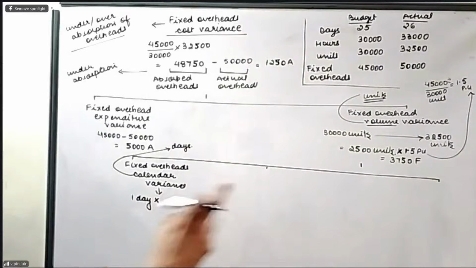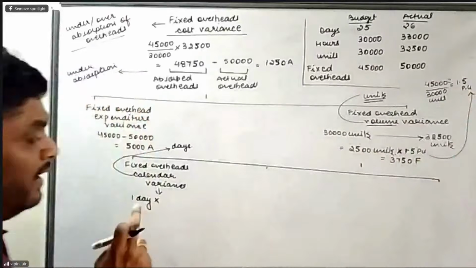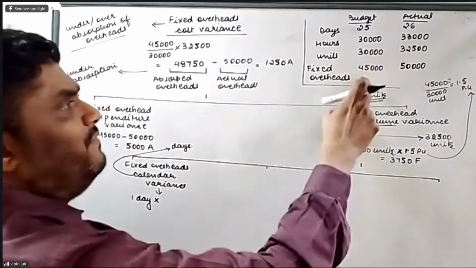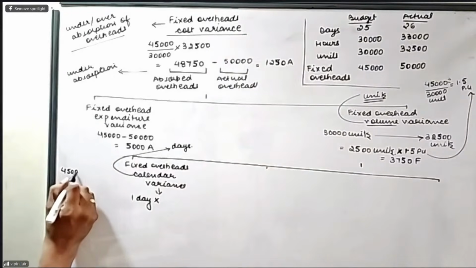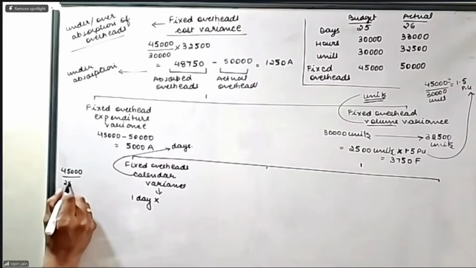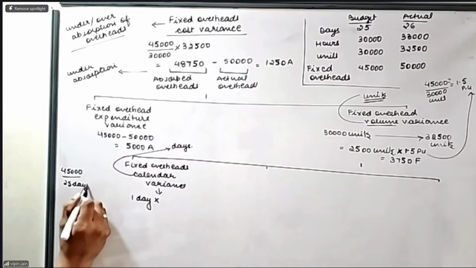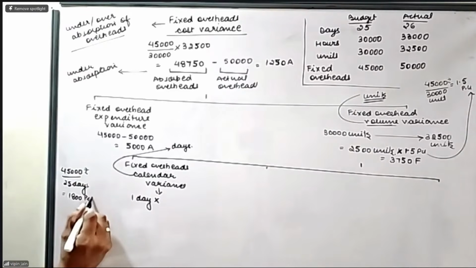Now, herein it was units, so we applied the rate per unit. Here it is days, so we will apply the rate per day. So 45,000 overheads for 25 days is 1,800 rupees per day. So it will be 1,800 per day.